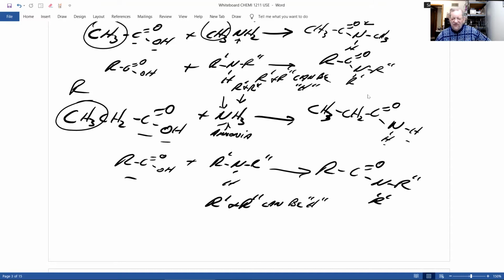Now I can write this another way. Sorry about the crowding here. Notice this nitrogen has 2 hydrogens, so I can write it that way. And either one of those would be acceptable.